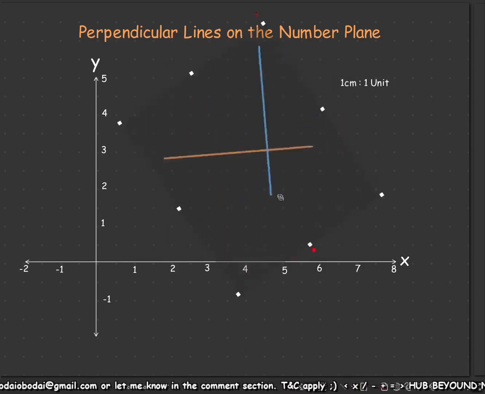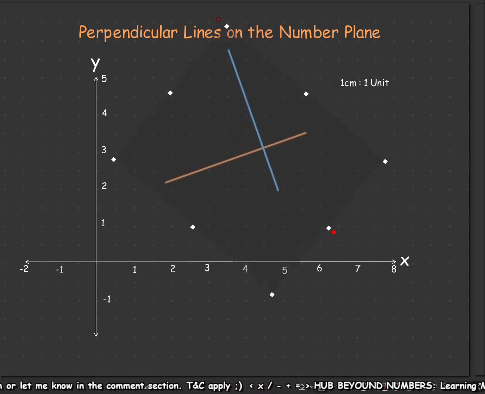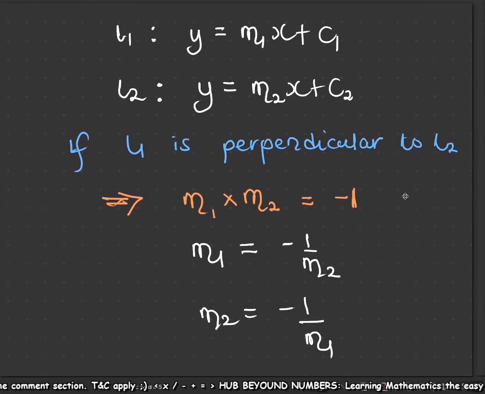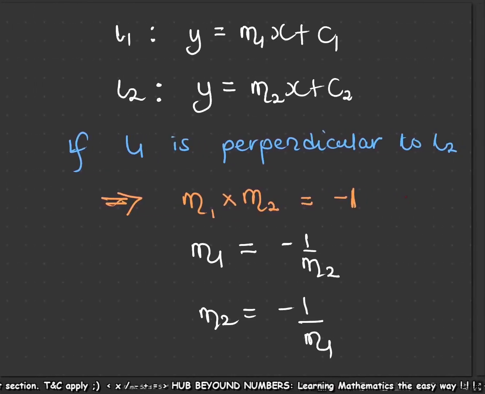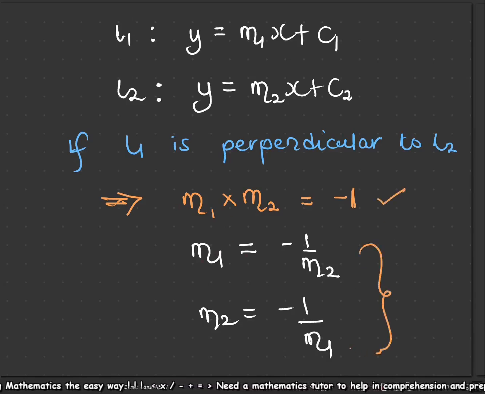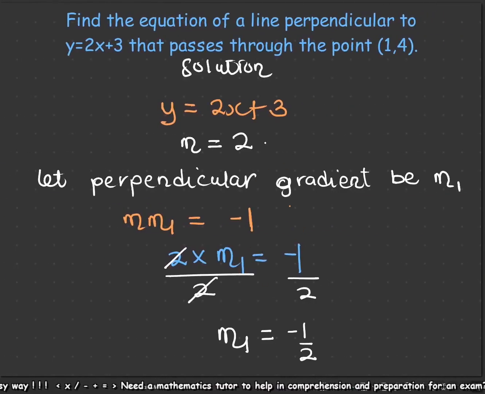But when it comes to calculation, we know that the product of their gradients is -1, or the gradient of one is the negative reciprocal of the other. And that gives us these two equations over here. With these, you can always use them to approach questions and solve.